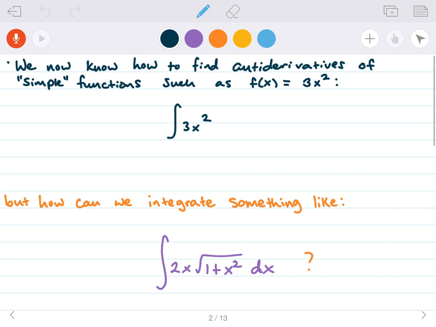Alright, so last week we talked about finding antiderivatives and indefinite integrals of simple functions such as f of x equals 3x squared. The way that we did this was we added 1 to the power and divided by whatever we got when we did that. So this is just going to be 3x to the 3, and actually we could take out the 3 if we wanted to.